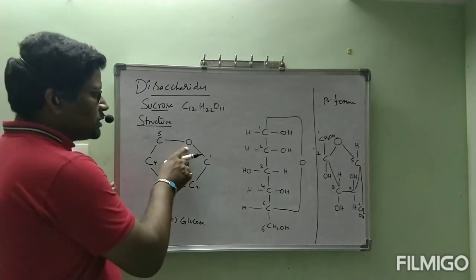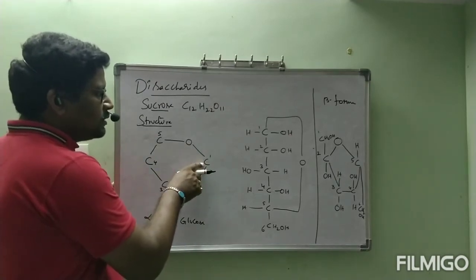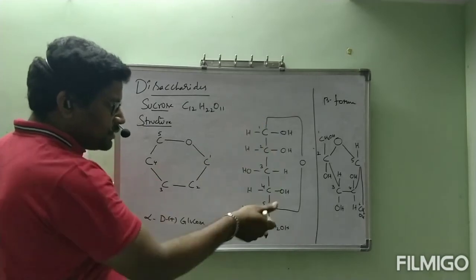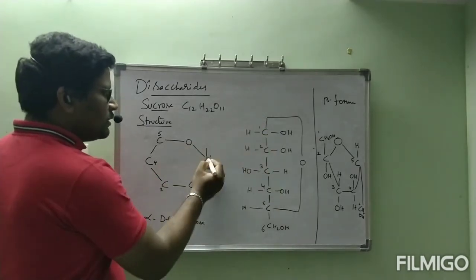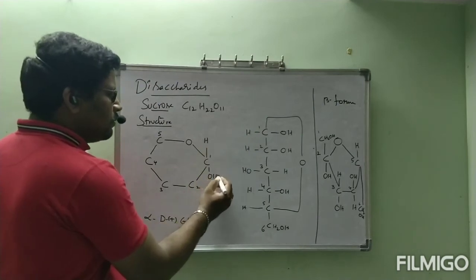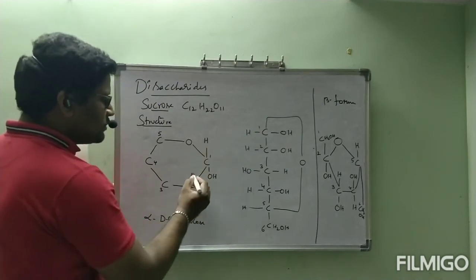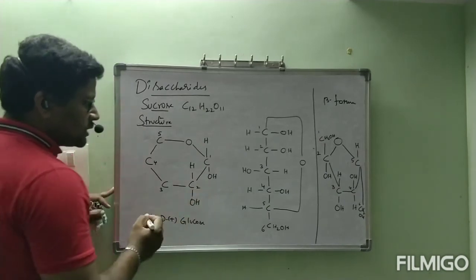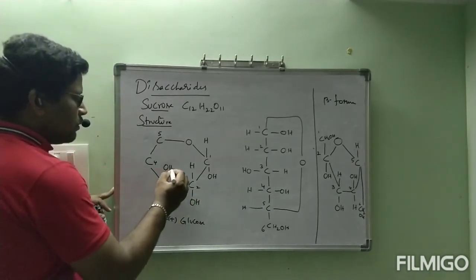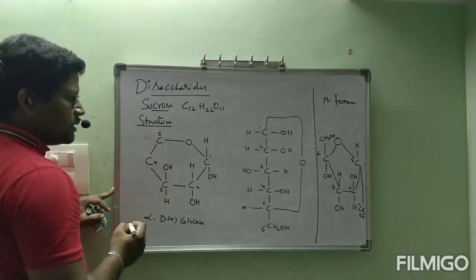Now I wrote oxygen here, right side C1. When we write oxygen with right side C1, we write like this. Then H above, OH below. Next second carbon, H above, OH below. Next third carbon, OH above, H below.